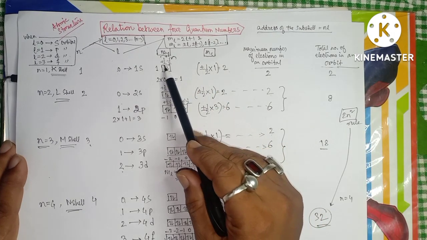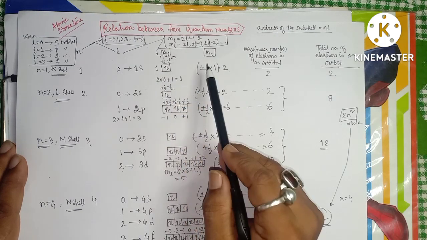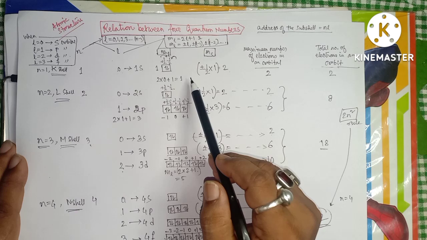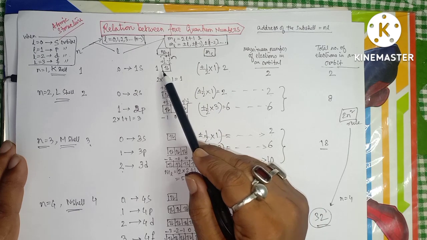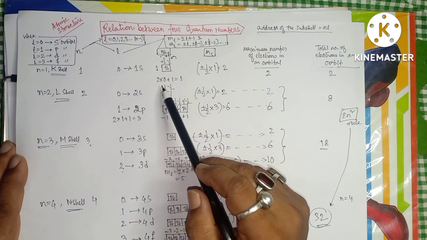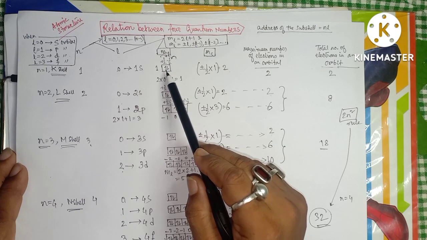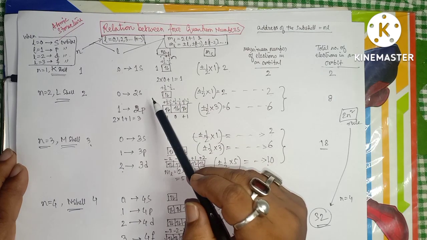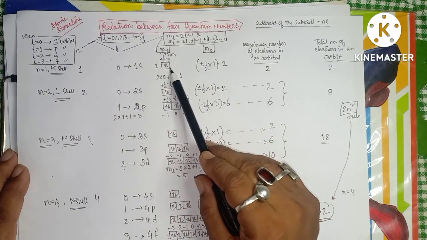Plus half represents the clockwise spin, minus half represents the anti-clockwise spin. So neither of the two electrons can interfere with each other because they have opposite spin. Both carry negative charge, but due to opposite spin there is no repulsion. So they are present in one orbital.